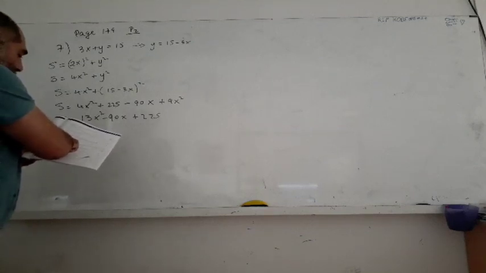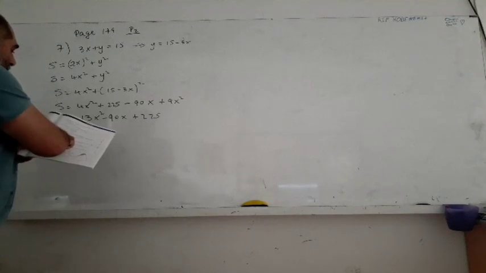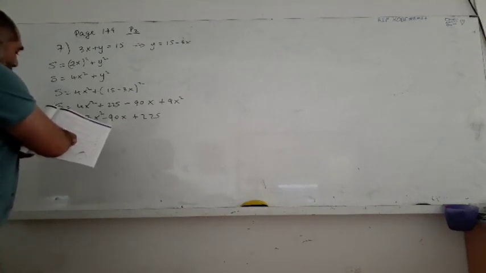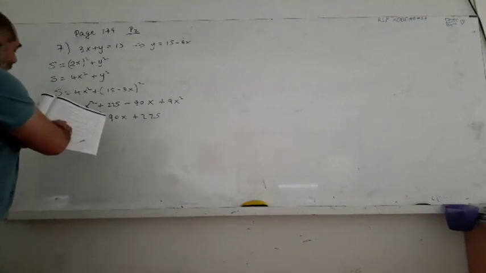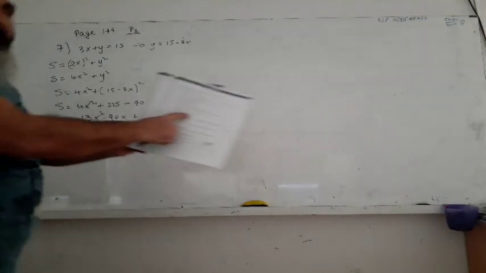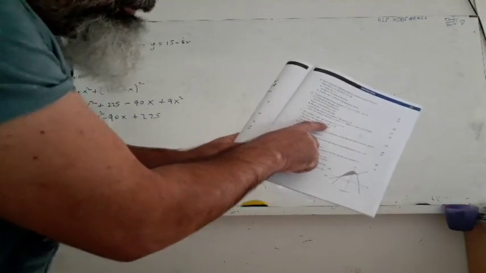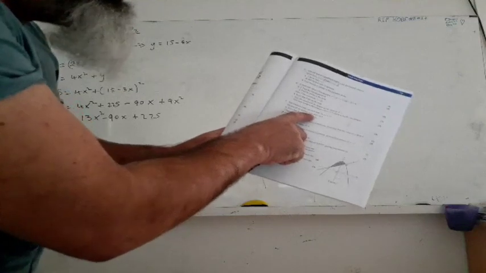I think this is not 18, or this is not 2x, it is 3x. Here they made a mistake in the book, that instead of that 2x, the question has to be 3x. So I am going to change this.